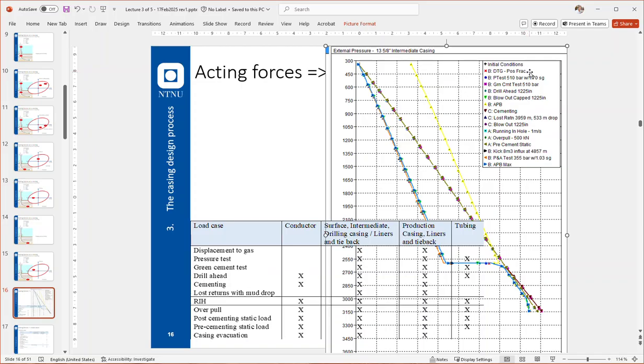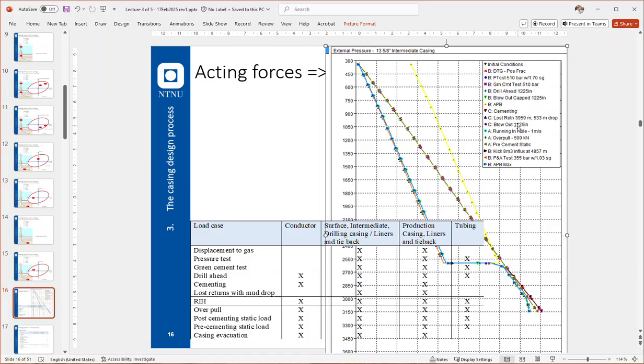And what we're talking about with frac would be a scenario where you are fracturing the formation, bullheading heavy fluid at high pressures. This is a pressure test with a certain fluid gradient. This is something called green cement test. Drill ahead, and so on.